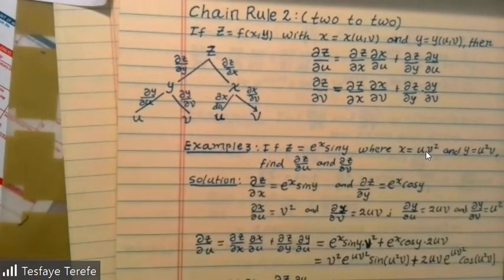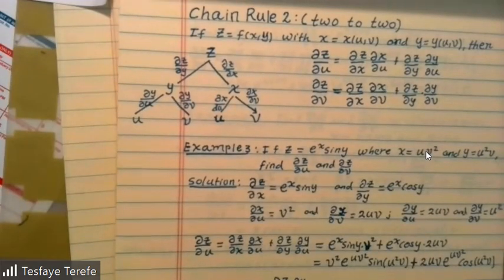Okay, we are running out of time, but we have to really do it. So the first thing that you have to do is the partial derivative with respect to x is going to be this, the exponential function; sine of y is constant. So e to the x sine of y. Then when you differentiate with respect to y, e to the x is constant, but the derivative of sine is cosine.